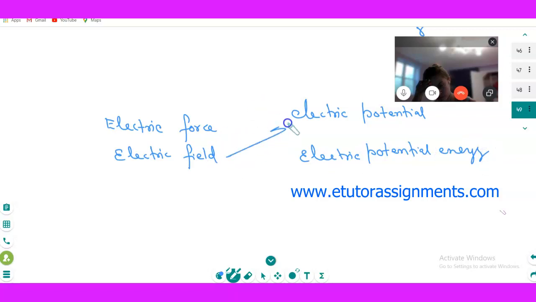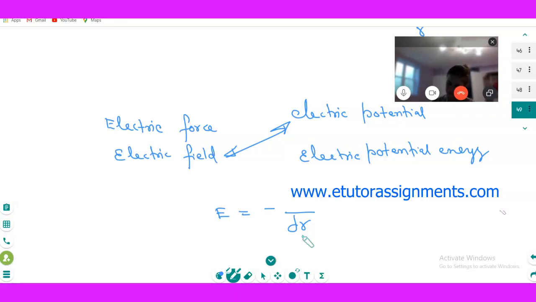Now, what is the relation between these two? E is equal to minus dV by dr. What does dV by dr mean? Differentiation of electric potential with distance, or the change of potential during a small distance dr. So change of potential during a small distance gives the electric field.